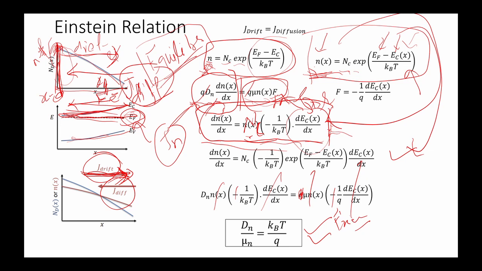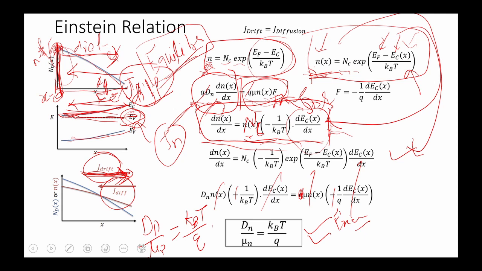The process is the same when you calculate for a p type semiconductor. So it will come out to be Dp by μp is equal to kBT by q. So this is the Einstein relation.